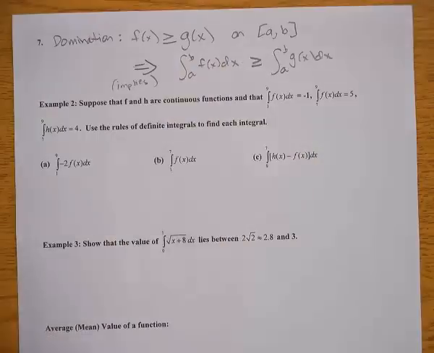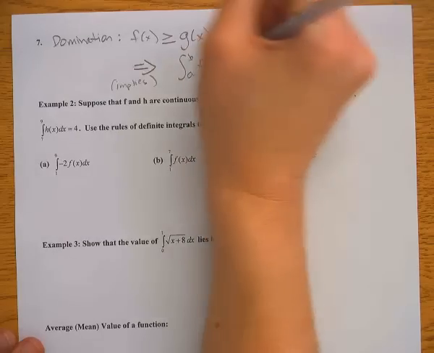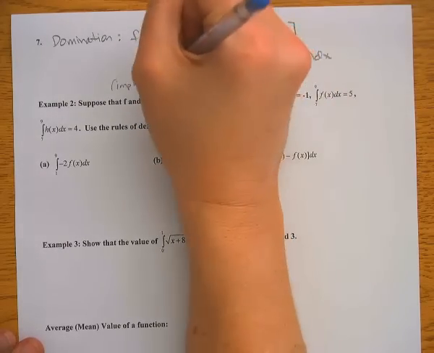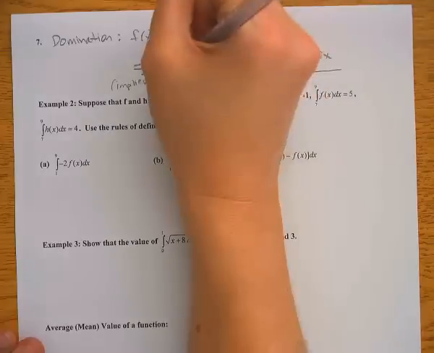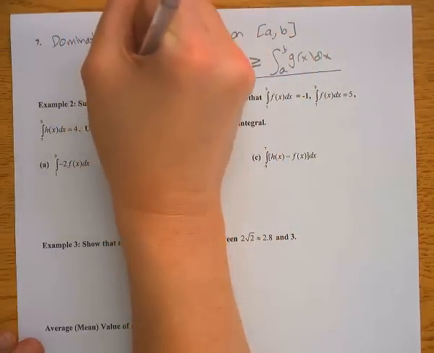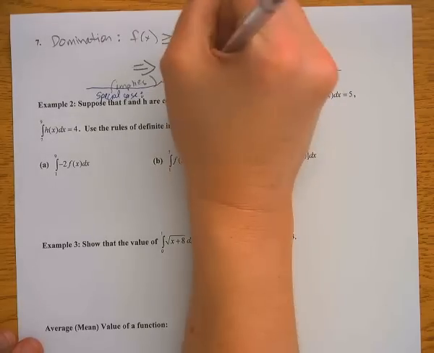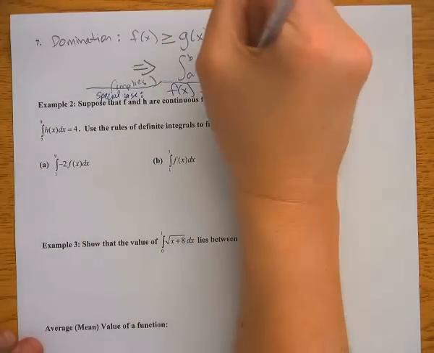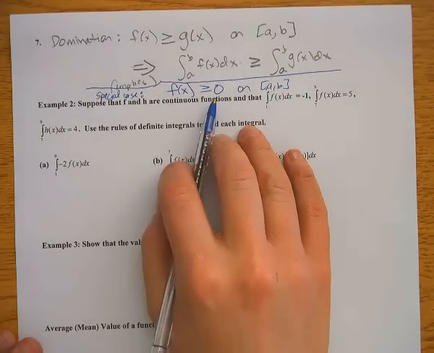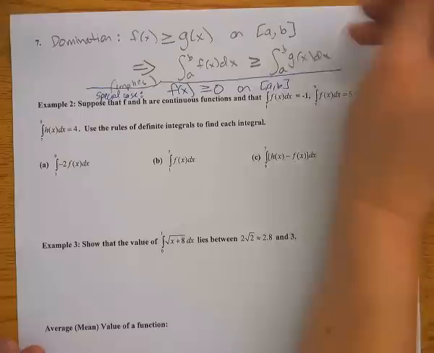And a special case of that, or scenario that has to do with this domination thing, is let's say that f of x was greater than or equal to 0 on some interval. In other words, it's positive. It's above the x-axis or on the x-axis for some interval.